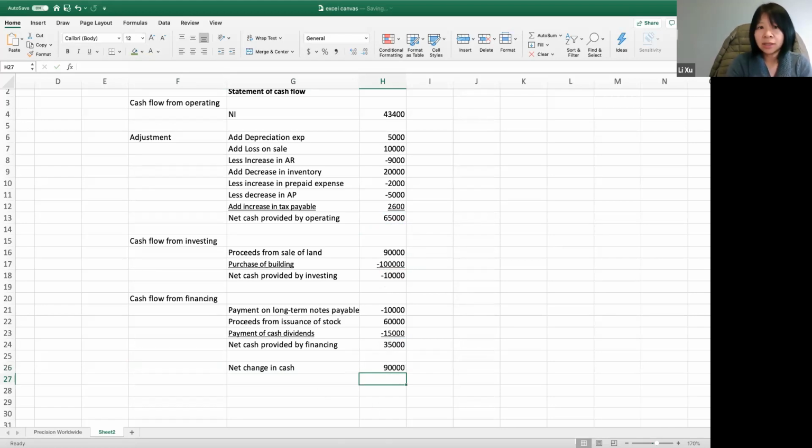Next, you need to get the cash balance at the beginning of the year. You get this number from the balance sheet, okay? So this is going to give you the cash ending balance.